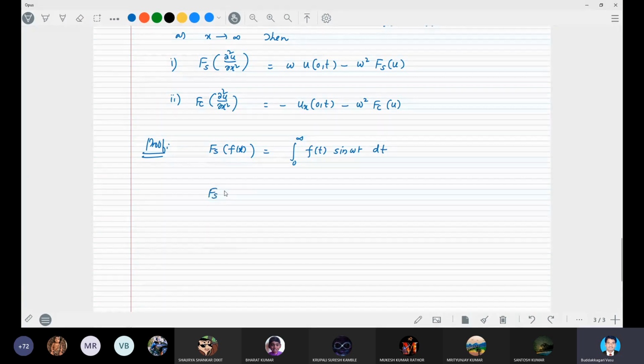Now the Fourier sine transform of dou square u by dou x square is equal to integral 0 to infinity f(x) into sine omega x dx. Understand that the variable is dummy. So the Fourier sine transform of dou square u by dou x square is equal to integral 0 to infinity dou square u by dou x square sine omega x dx, right?